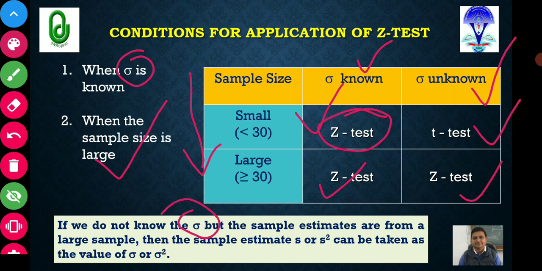If we do not know the population standard deviation, but sample estimates are from a large sample, then the sample estimate S or S square can be taken as sigma or sigma square.